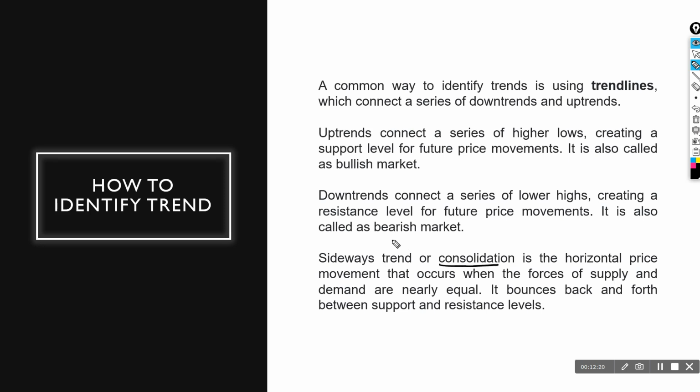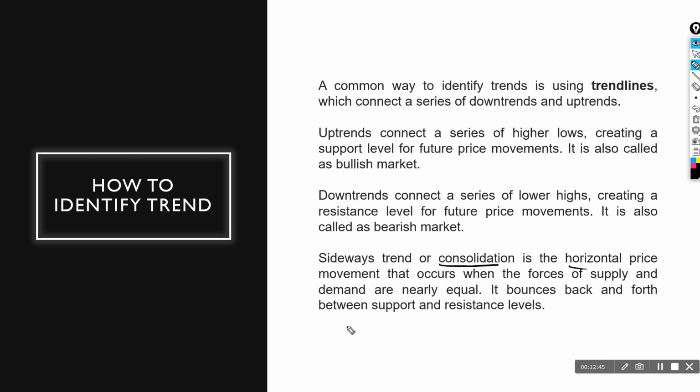The reason it is called a consolidation zone is that before the prices change for future price movement, there will be an area where the price is consolidated and moves in a horizontal way. It is a horizontal price movement that occurs when both the forces of supply and demand are equal.